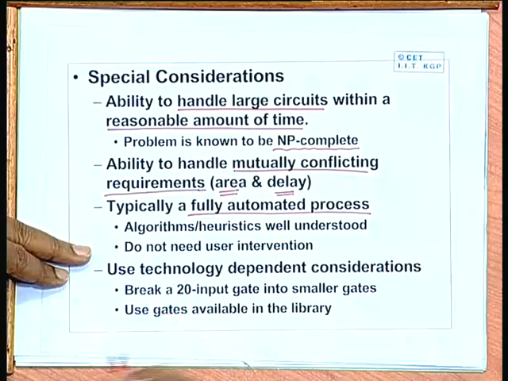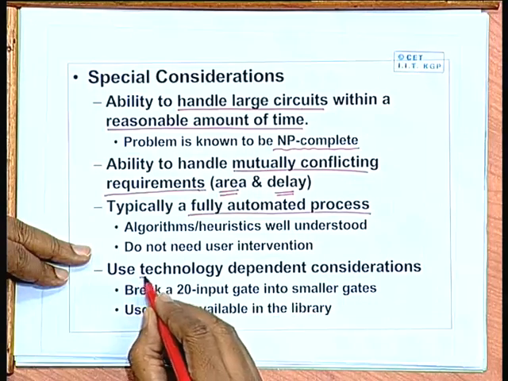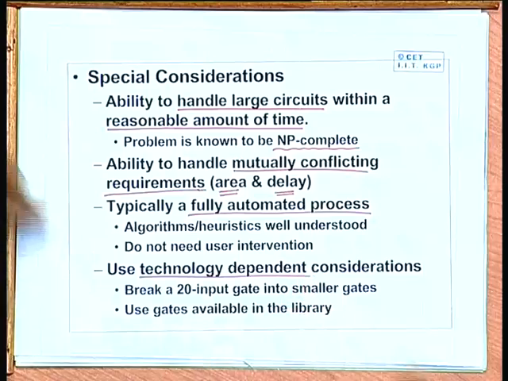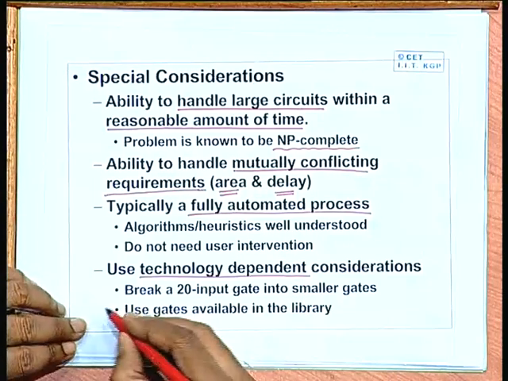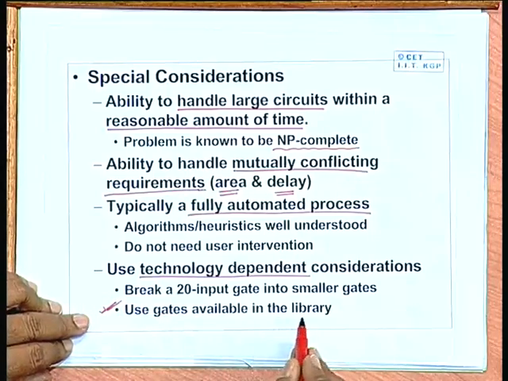There are some other things that you will also have to look at, some considerations which are dependent on the target technology. The first one, as I have just mentioned, is that you will have to use gates only available in the library.